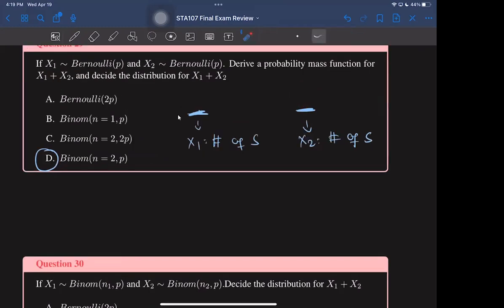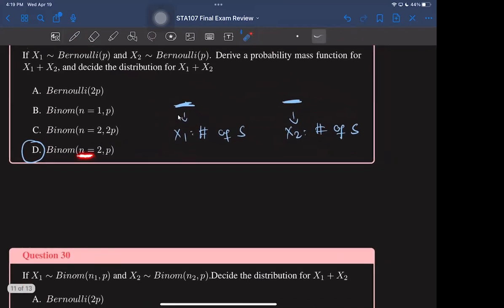Then if you take the number of successes here plus the number of successes here, it gives you the total number of successes among these two trials, right? And the number of successes in two independent Bernoulli trials is exactly what the description for a binomial random variable represents. And the probability of success in this trial is P. The probability of success in this trial is P. So in both trials, the probability of success stays the same as P. So this choice makes sense.